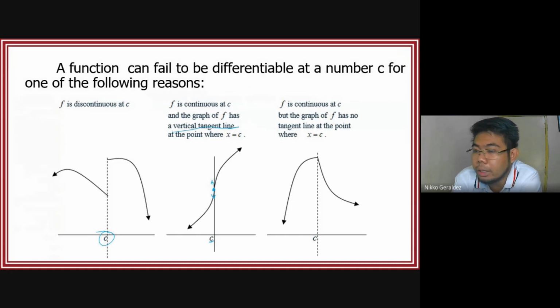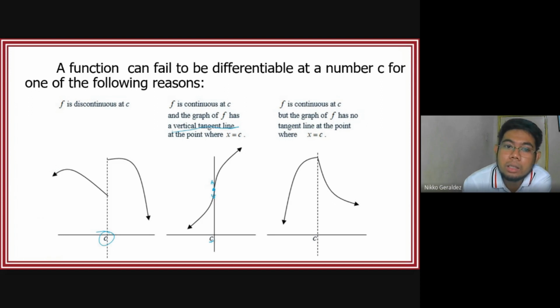If you have a vertical tangent line, what is the slope of a vertical line? Is it 0? No, it is undefined. The slope of a straight line is delta y over delta x.